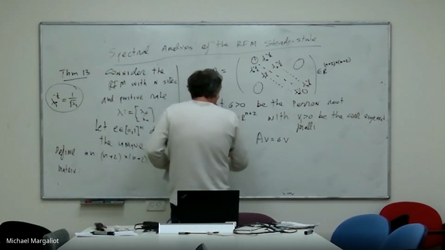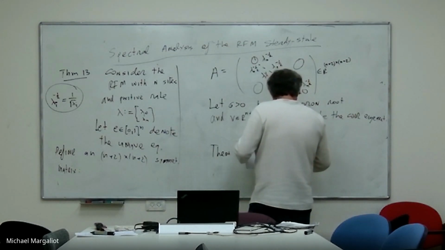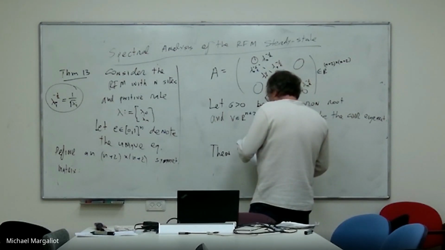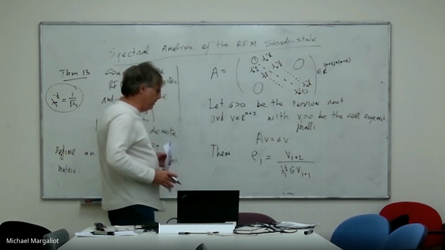Then the RFM equilibrium points satisfy e_i = v_i + 2 divided by lambda_1, lambda_i, half, sigma v_i + 1. So this is a little miracle.